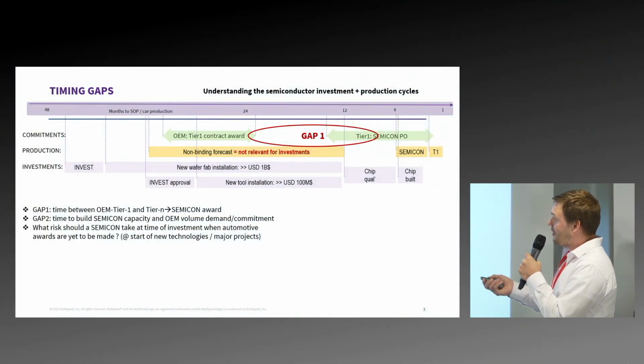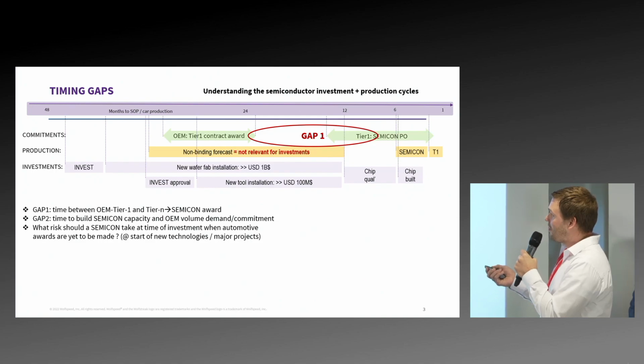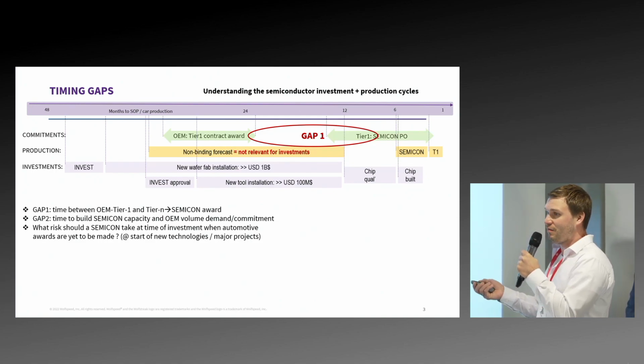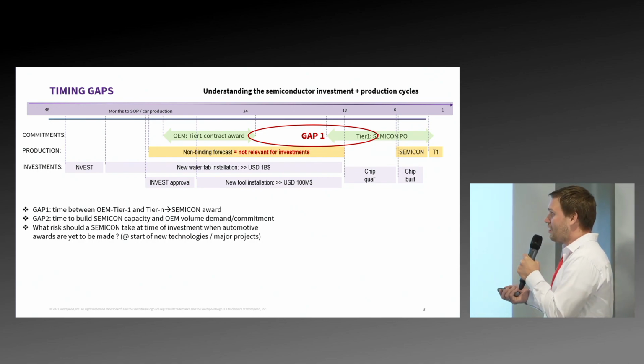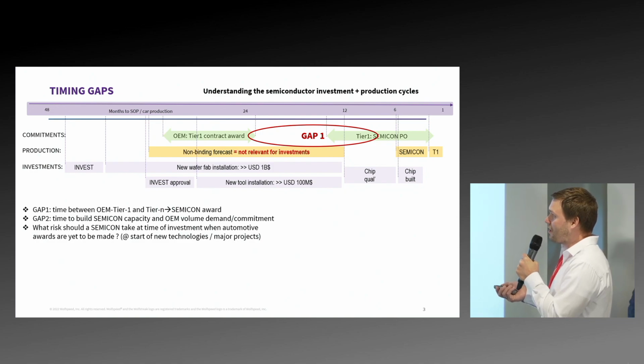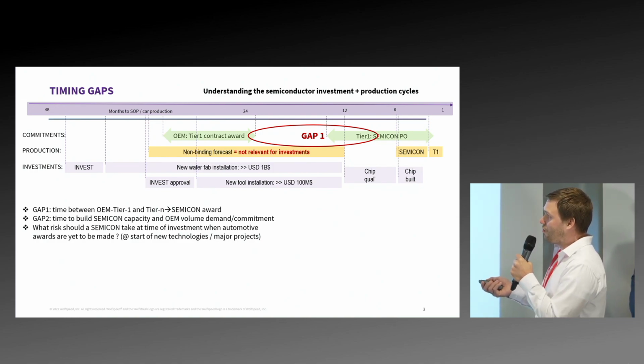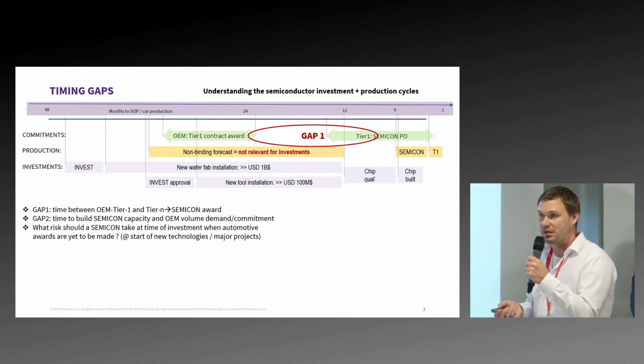And even before, there's a long period where no commitments are made by either tier 1 or OEM, which means there's no security and actually no interest for the manufacturer to invest money based on no commitments.